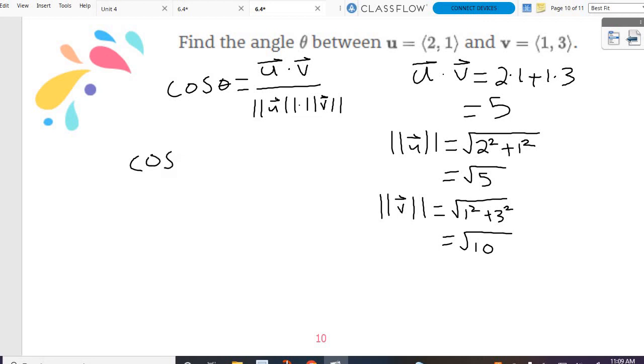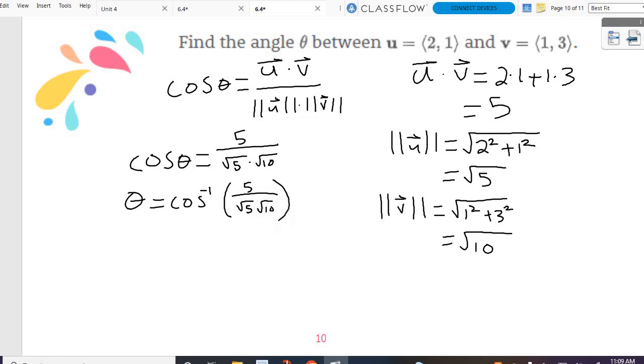So then I'm plugging all of those things. My u dot v goes on top, and then my square root of 5 times my square root of 10 goes on bottom. I take my cosine inverse of those things, and we get 45 degrees.